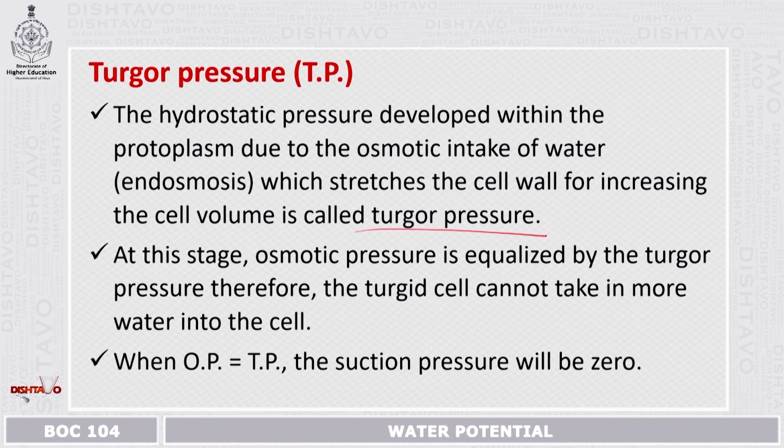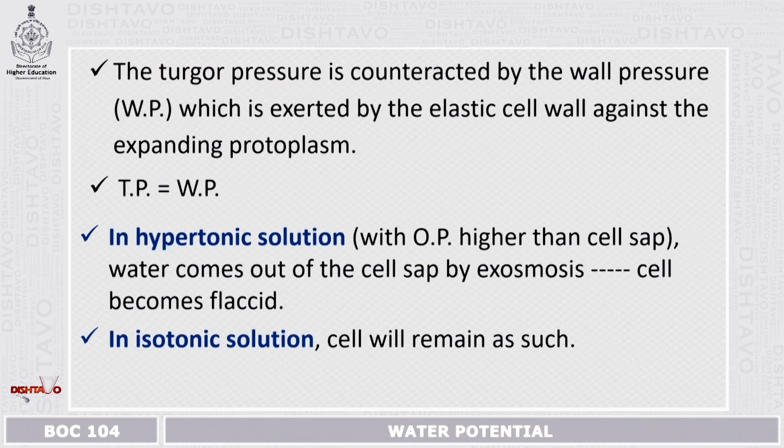At this stage, osmotic pressure will be equal to the turgor pressure. Therefore, the turgid cell cannot take in more water into the cell. If this happens, then there is no more water intake, so the suction pressure will be 0.